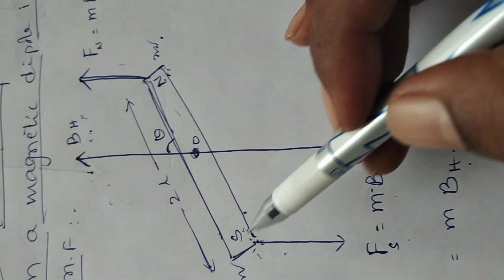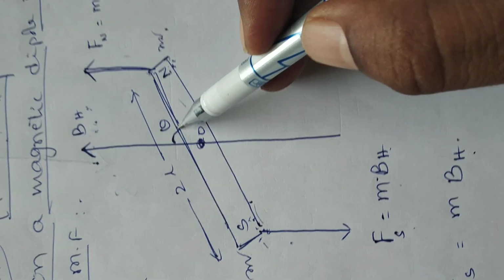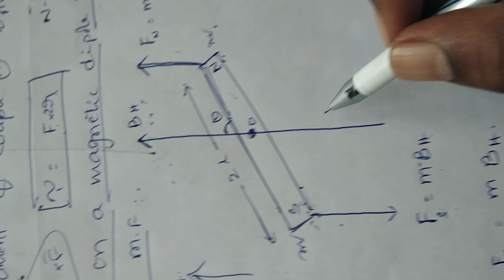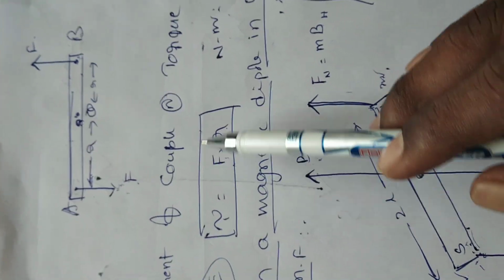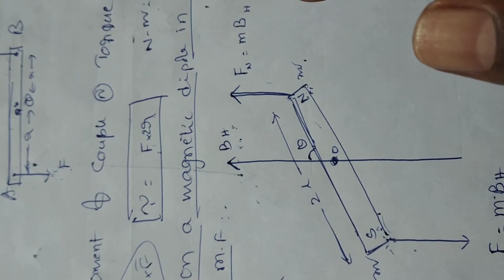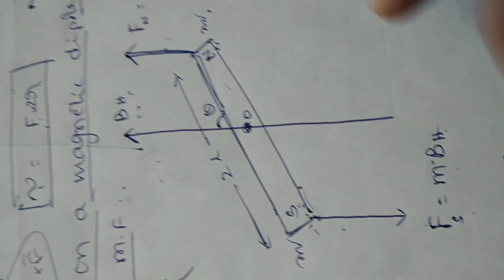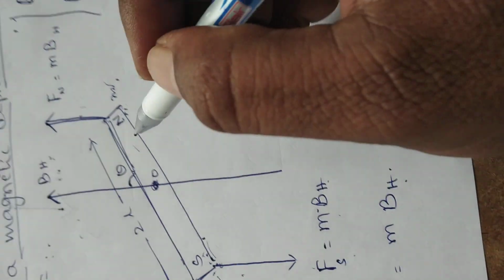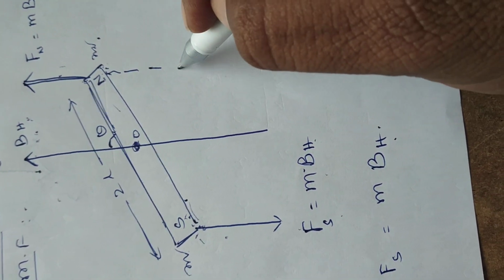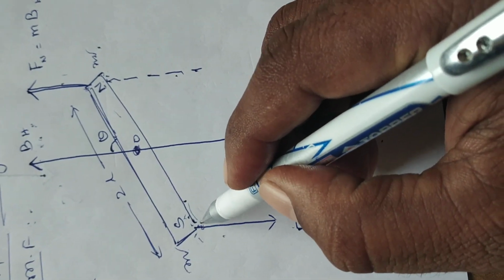At any moment, the dipole makes an angle theta with the field direction. Let us find out the torque acting on this dipole. You know torque tau is nothing but the product of force and the perpendicular distance between the two forces. This is one force and this is the other force. For the perpendicular distance, let us extend the line of action of the force through some distance and draw a perpendicular line from this point on it.